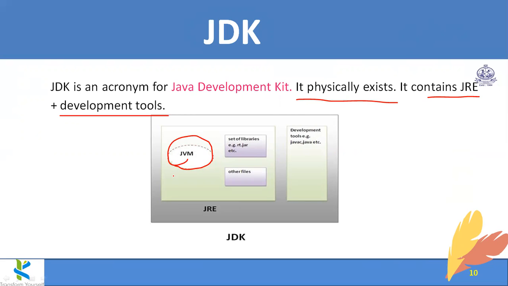And when I install the same JDK on a Linux based machine, it creates its own JVM compatible with Linux. So this JDK contains development tools like the Java compiler, the Java runtime execution tool, package creation tools, and many other tools, everything coming under this as a package.